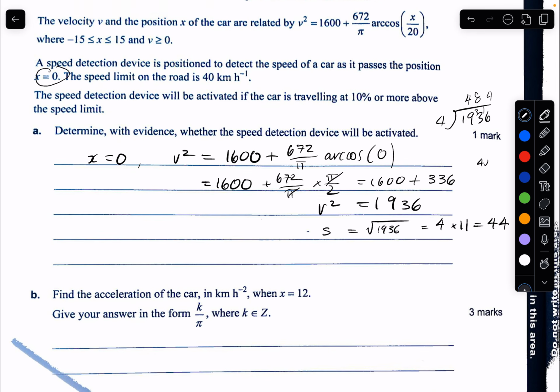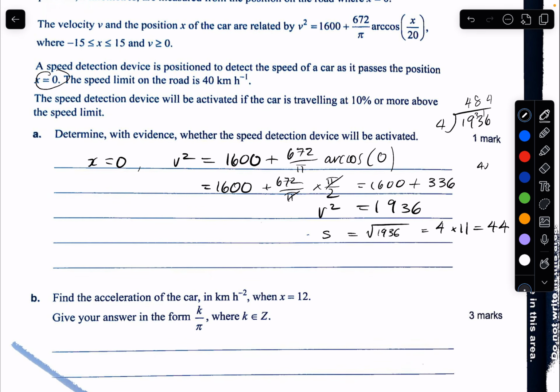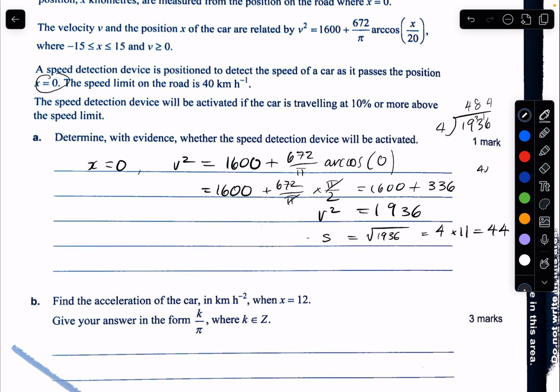Okay, so it will be activated if the car is traveling at 10% or more above the speed limit. So 40 times 1.1 is 44.